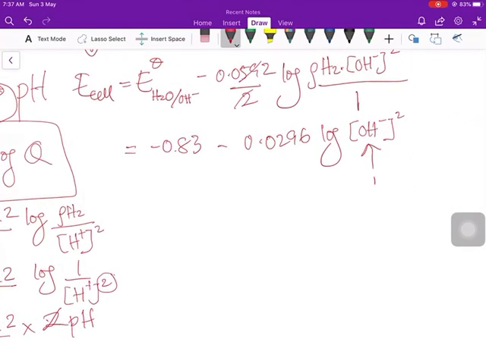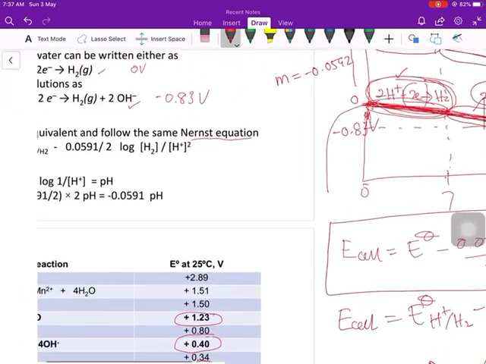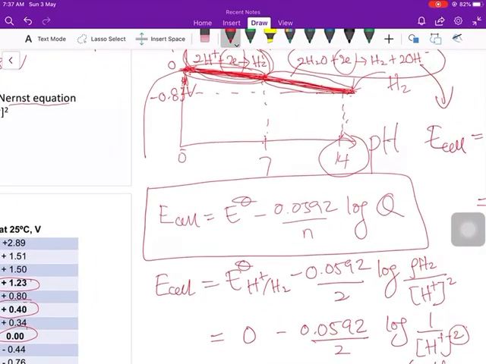If you put log 1, OH equals 1, and H plus is 10 to the power of negative 14. This is pOH, this is pH. So log 1 at pH 14, OH is 1.